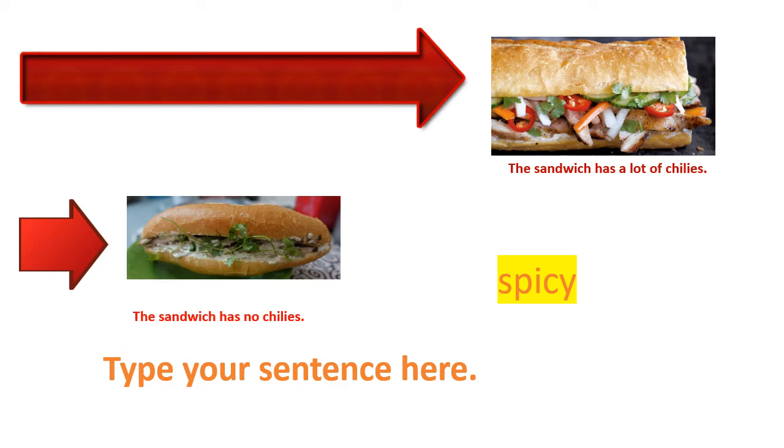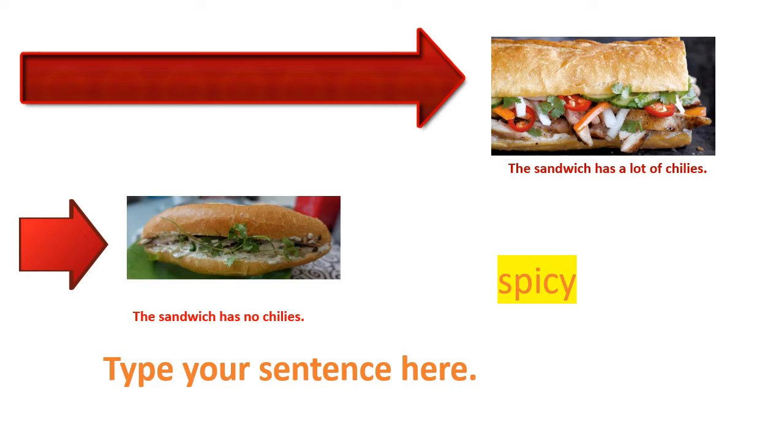Your adjective is the orange word highlighted in yellow, spicy. So you have to use that adjective and change it to a comparative adjective. So remember the rules about two-syllable words.